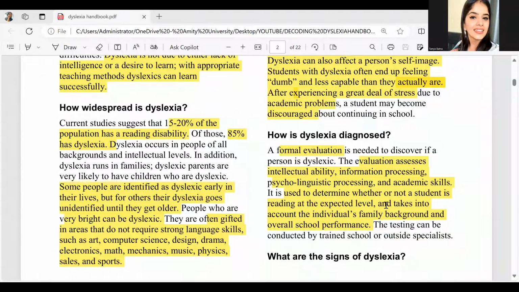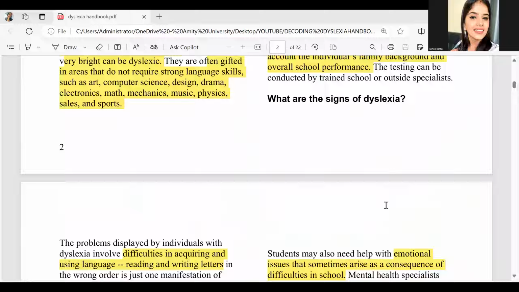It is used to determine whether or not a student is reading at the expected level, meaning whether the reading level is appropriate to the mental age and chronological age, and it takes into account the individual's family background and overall school performance.